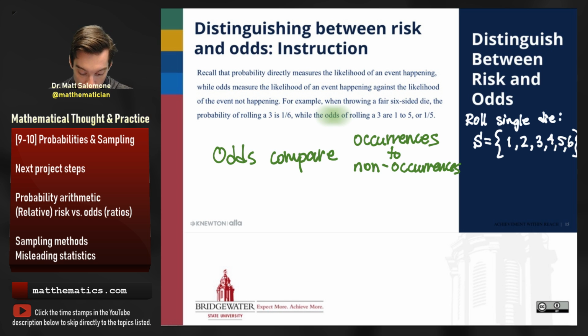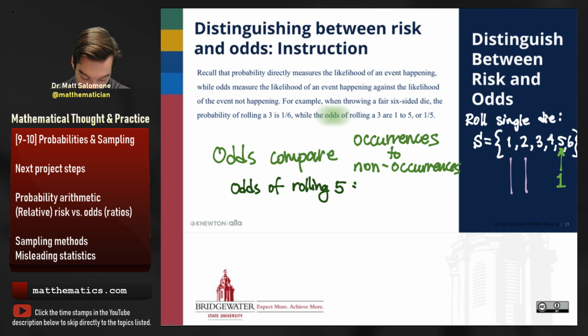And so if I want to know the odds of rolling a 5, then I'm going to be comparing two numbers from this sample space. I'm going to be comparing my one occurrence, the one outcome which gives me a positive for this occurrence, so 1, to the other outcomes that are not occurring in that case.